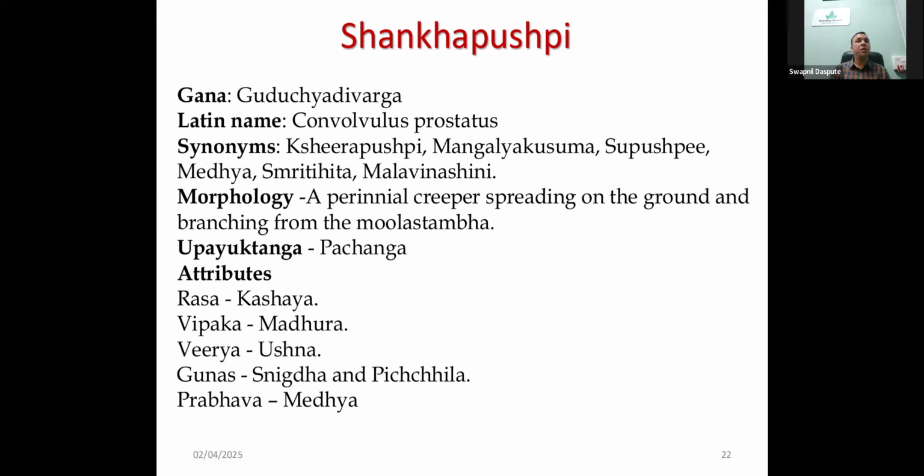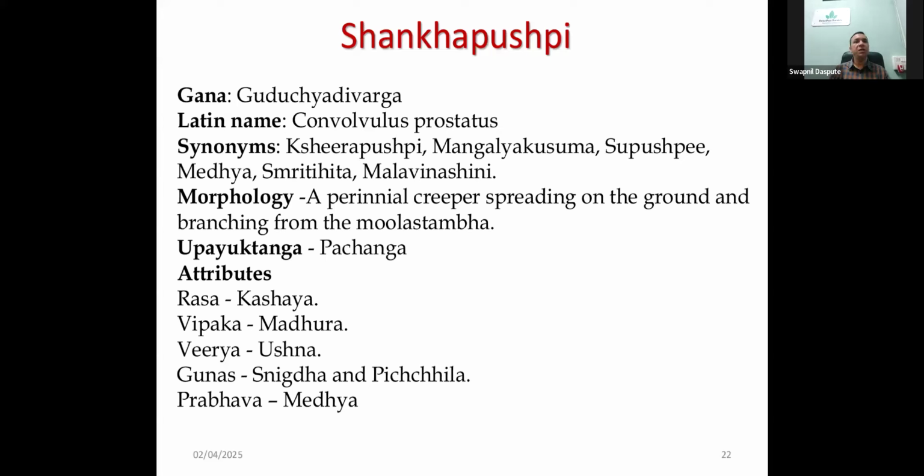Latin name: Convolvulus prostratus. Now, for Convolvulus prostratus, there are other species also which are available. We are studying the properties of Convolvulus prostratus. Synonyms: Kshira Pushpi. Kshira is milk, or milky secretion.